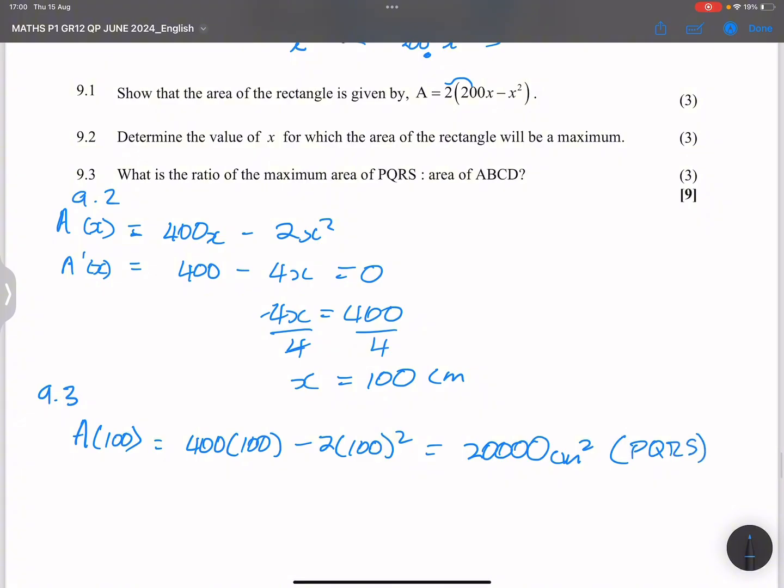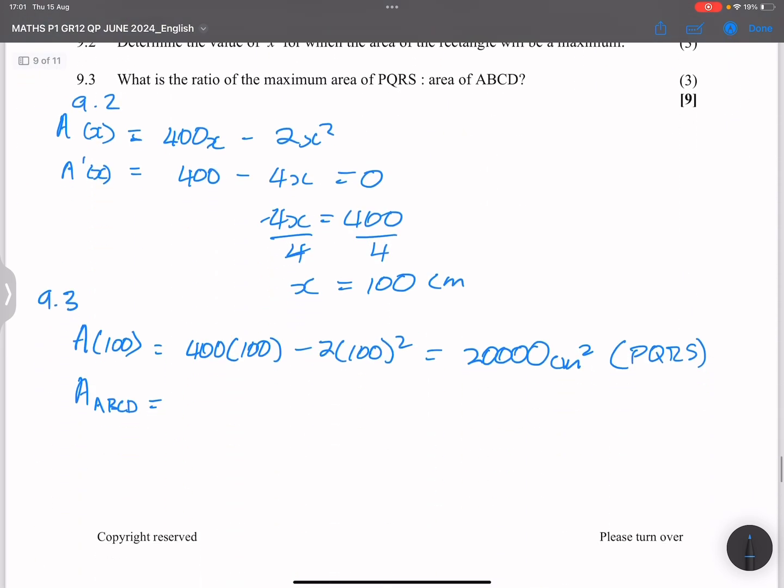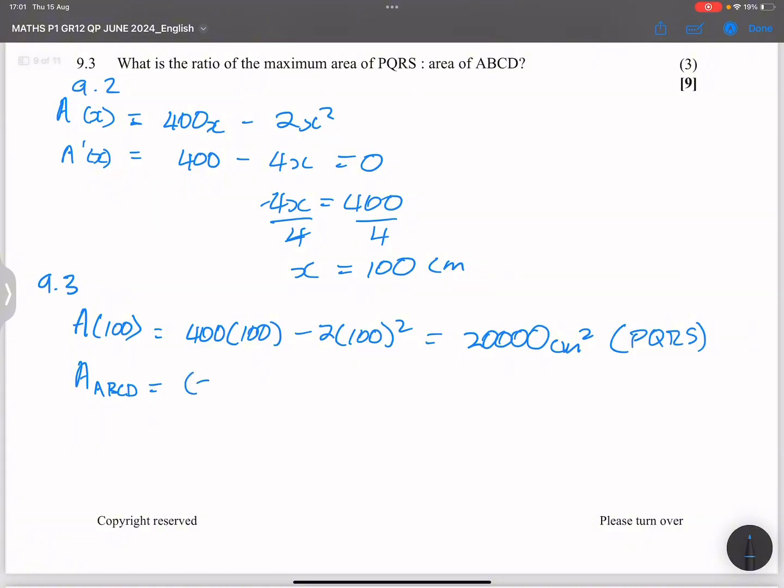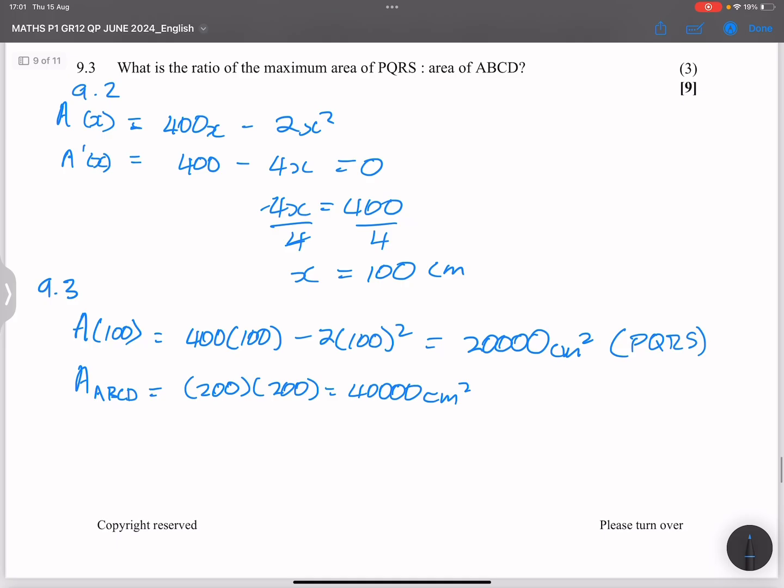But what's the area of ABCD? Remember, that was a square with all sides equal to 200. So this would be 200 times 200. So this will be 40,000 square centimeters. Right, and we're looking for the ratio of the maximum area of PQRS to ABCD.